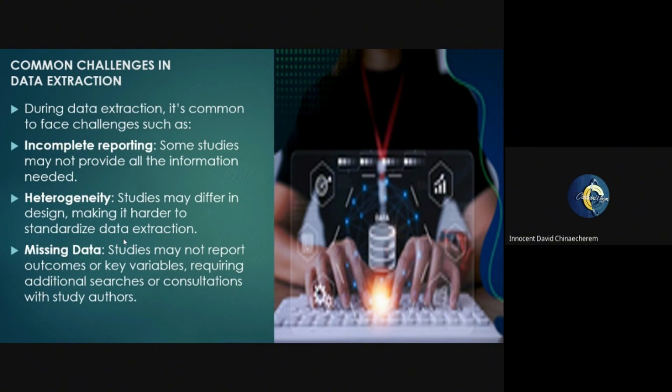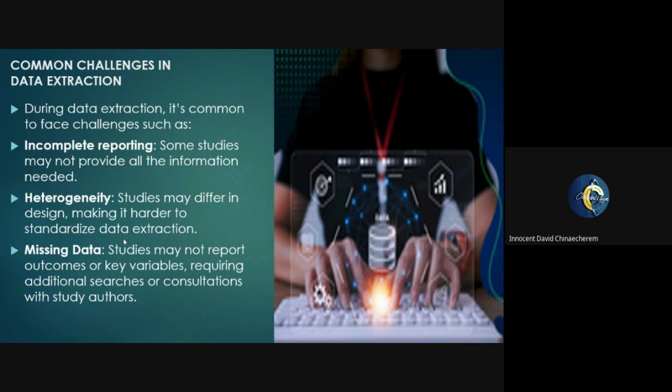Some of the challenges is that sometimes there could be incomplete reporting, right? Some of the studies may not provide all the information that is needed, and it's very common in our data extraction. Sometimes there could also be heterogeneity, because this study is qualitative, whereas this one is quantitative, so it makes it very difficult for you to fit in.